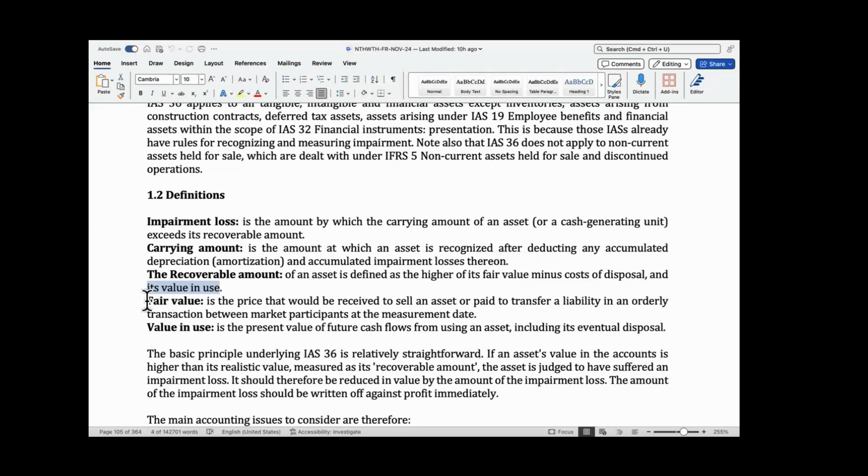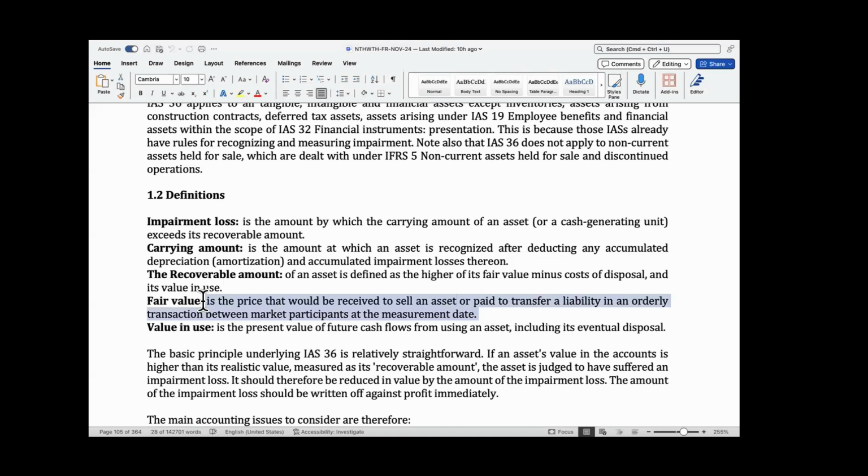Then what is fair value? Fair value is the price that would be received to sell an asset or paid to transfer a liability in an orderly transaction between market participants at the measurement date. This is a new definition to you guys, which I would advise that you learn.